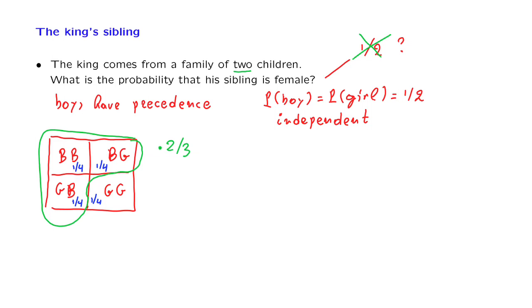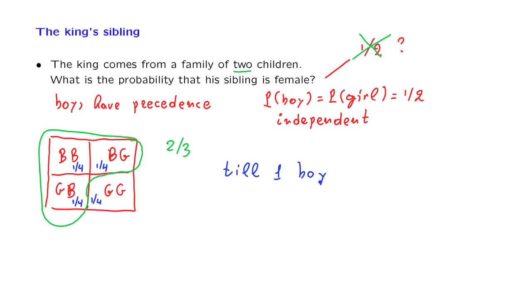But these assumptions that I just stated are not the only possible ones. Let's consider some alternative assumptions. For example, suppose that the royal family operated as follows. They decided to have children until they get one boy.